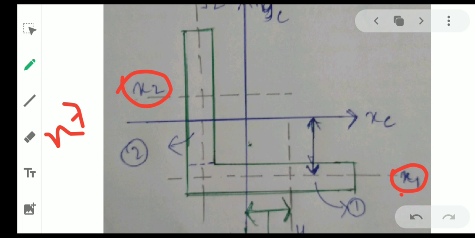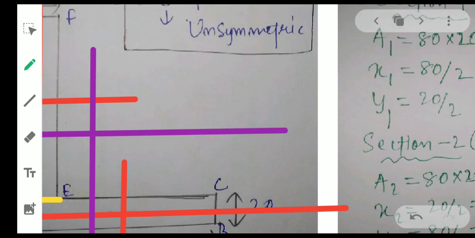So while calculating in x, we will be taking the y distance, where this xc is the centroidal axis of the whole section, and this yc is the centroidal axis of the whole section. Okay, so simple.